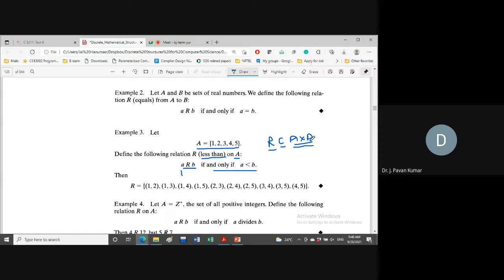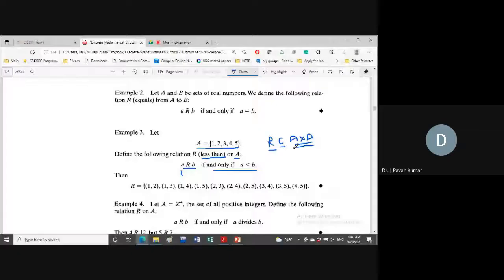Understand? In A cross A, how many elements, how many tuples will we have? What's the answer? Yeah, 25.